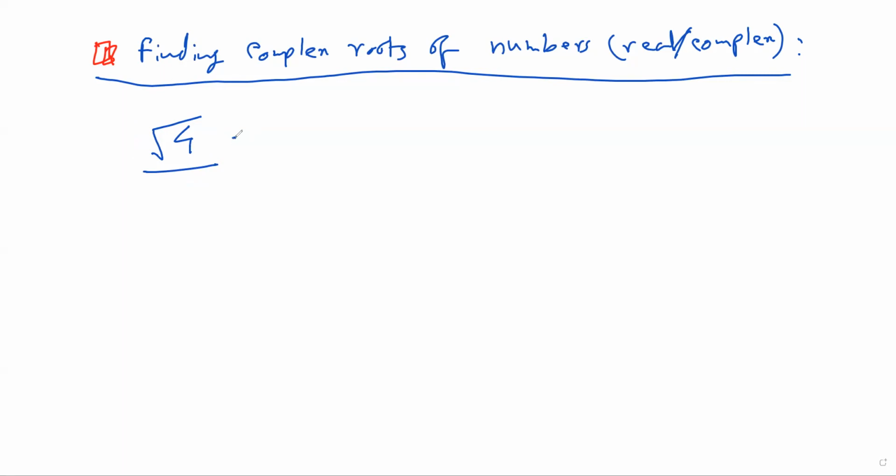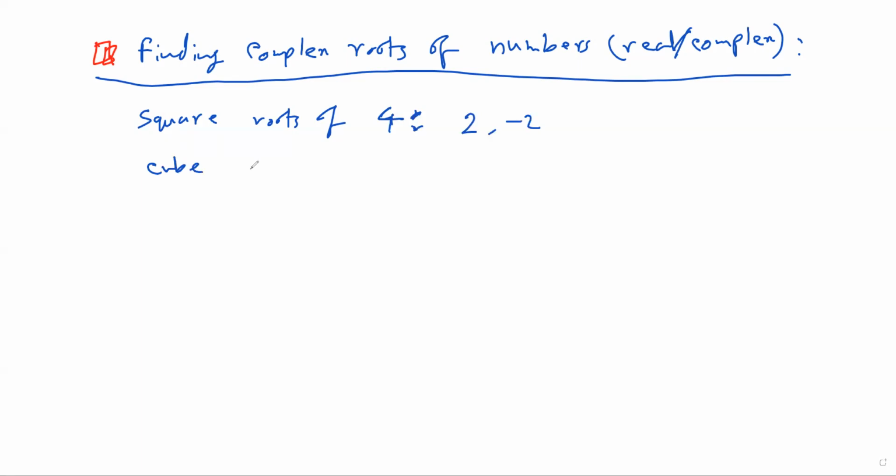This can be misleading. That is why, to avoid ambiguity, I write the elaborate form: square roots of 4 are 2 and -2.